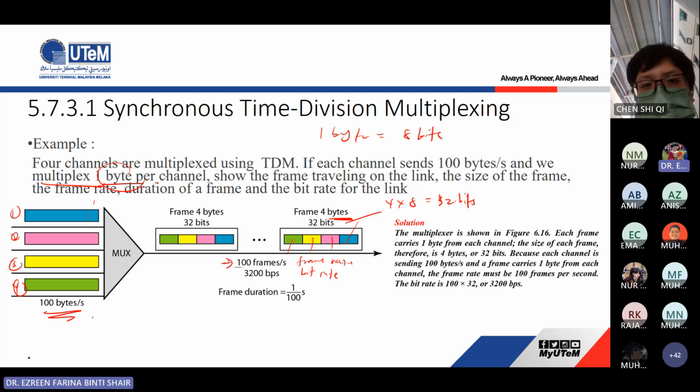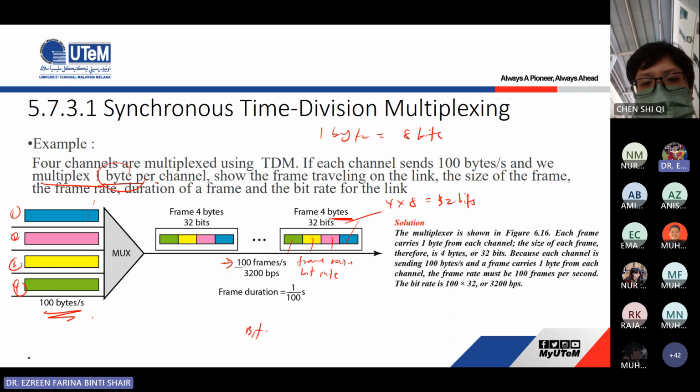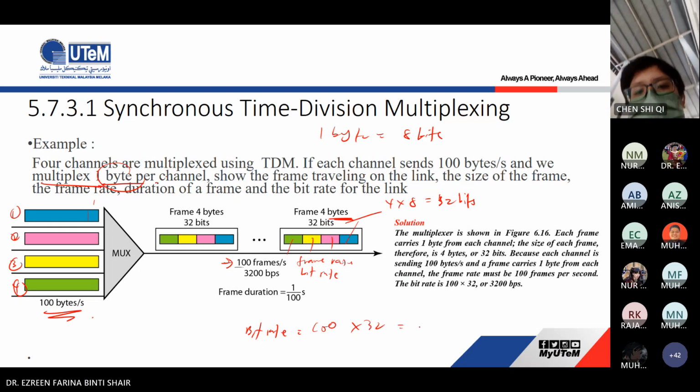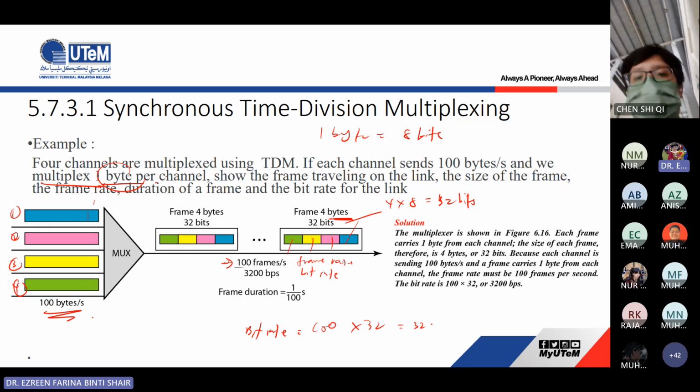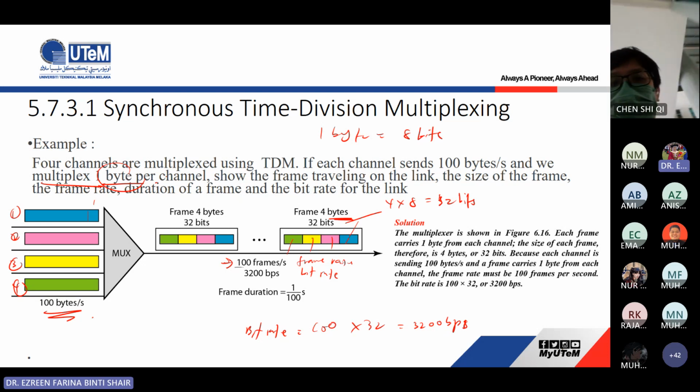So what you need to do is calculate it like this: you have 100 frames, multiplied by 32 because one frame is 32 bits. So you have 3,200 bits per second.